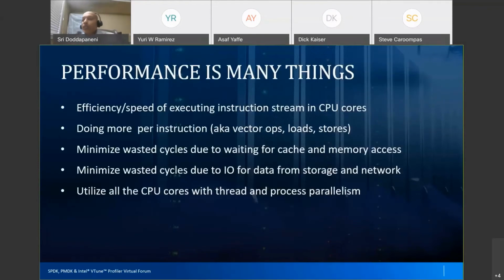So now switching a little bit: we said a performance deep dive, and before we go into tools, what is performance made up of? Of course, if you are looking at your own code, it will be hard to understand how it actually performs.